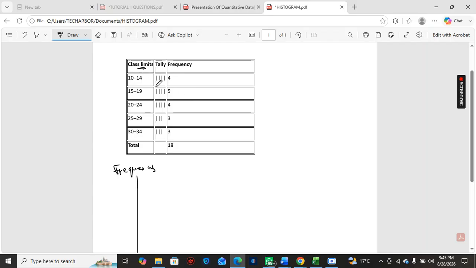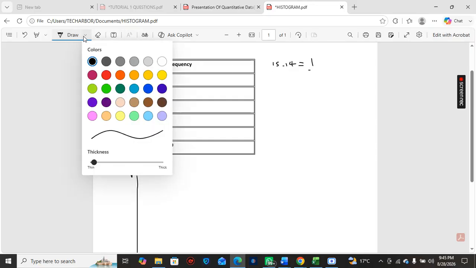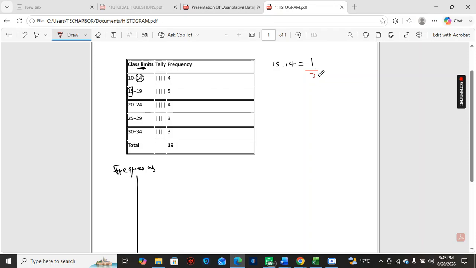So what we're going to do, you get the upper limit of one class and the lower limit of another class and subtract. So you say 15 minus 14, that equals 1. Then this difference divided by 2 gives us 0.5.